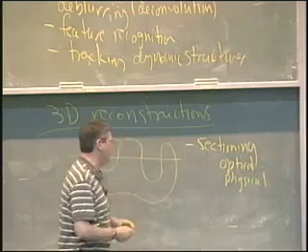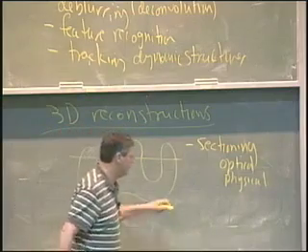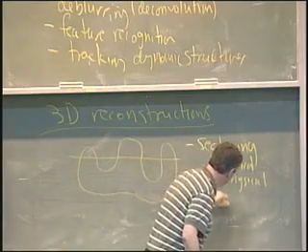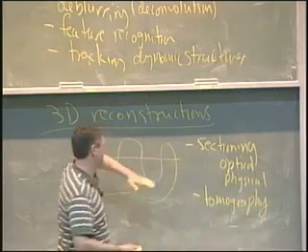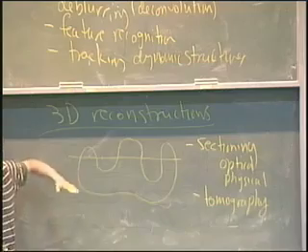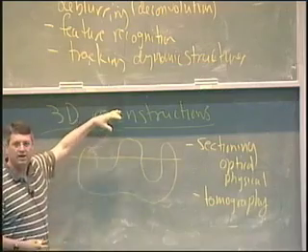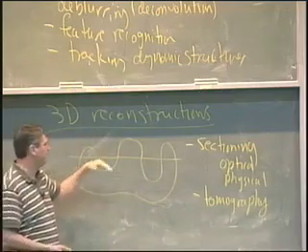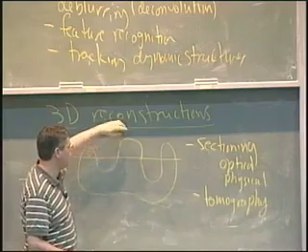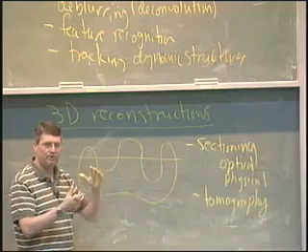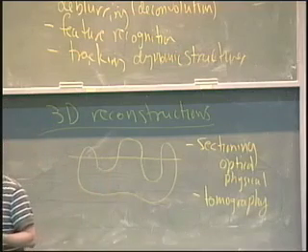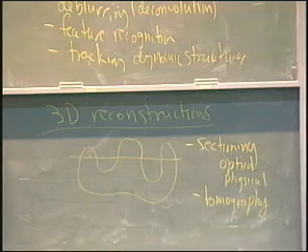Or in contrast, there's something called tomography, which refers to a process in which the sample is tipped from side to side, and the images are collected always from the same direction, but the sample is rotated so you see it from different vantage points. In either case, the computer can then take all that information and reassemble it into the kind of three-dimensional structure I showed you last time.